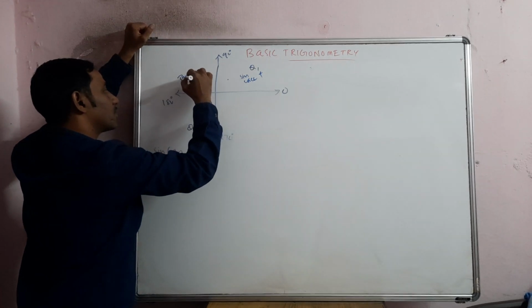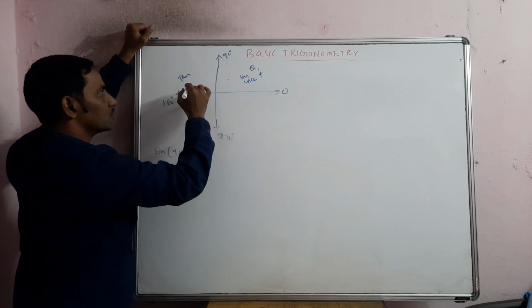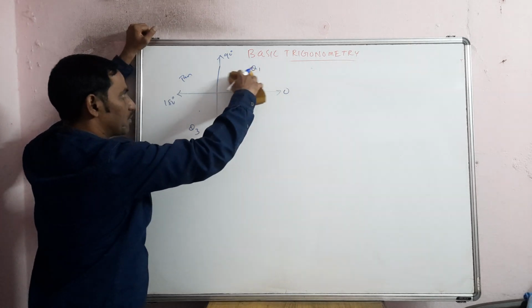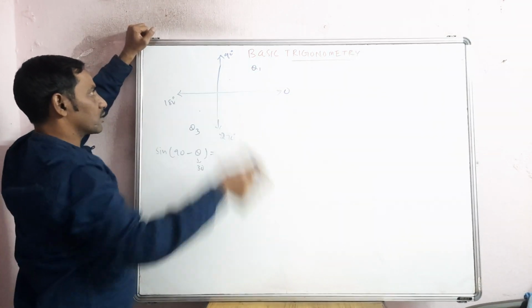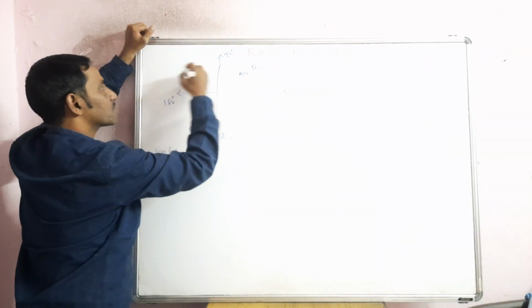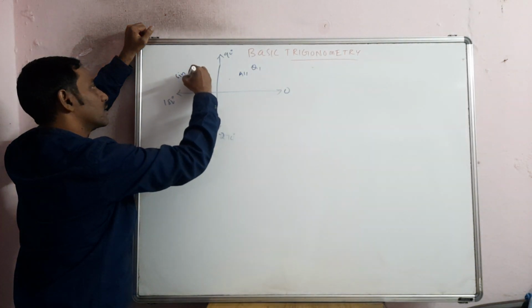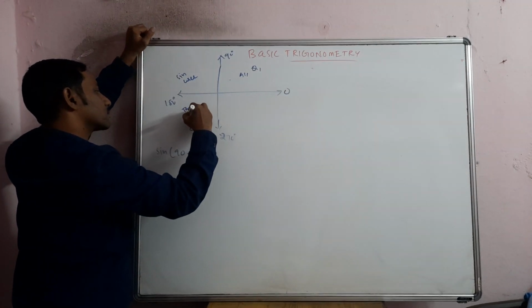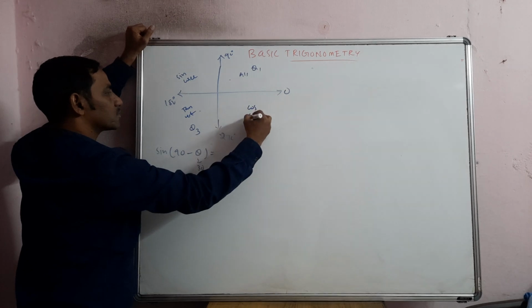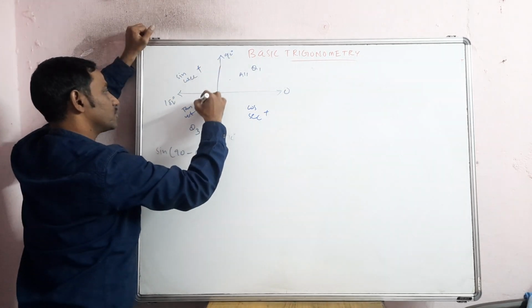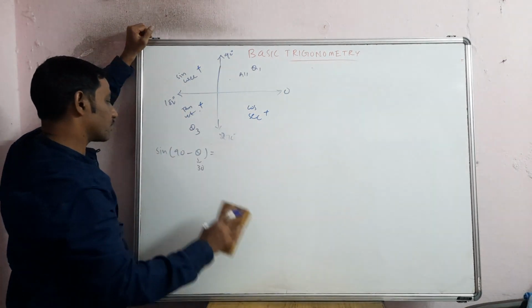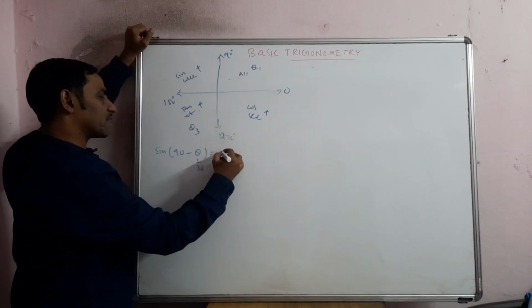Now one more time I am writing so that you will have proper clarity. Here sin, cosec, here tan, here cos. Now see here, sin will change to cos.